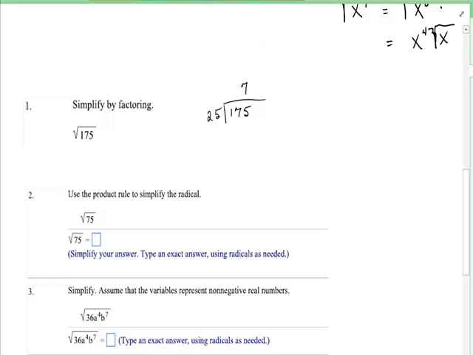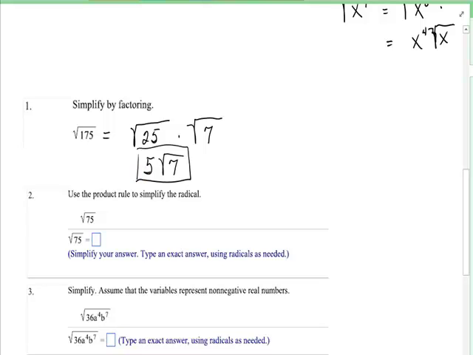In other words, 175 is 25 times 7. So it is the square root of 25 times the square root of 7. There are other ways to factor that, but remember, perfect square factors. Use your list. The square root of 25 is 5. When you take its square root, the radical is gone, times the square root of 7. 5 times the square root of 7.